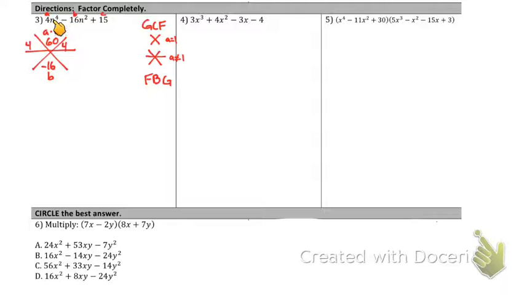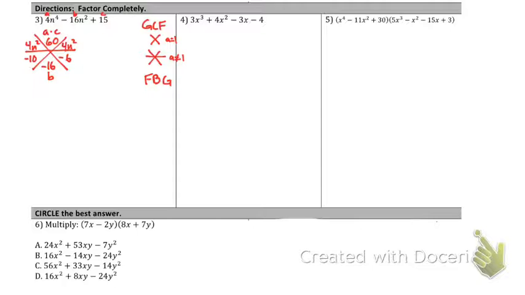So instead of n to the 4th, it's n to the 2nd, n to the 2nd. Okay, now ask yourself what multiplies to 60 that adds up to negative 16, and all you people good at multiplication know it's going to be negative 10 and negative 6.